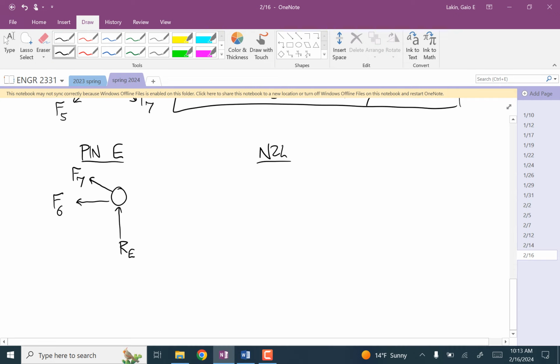So Newton's second law says negative F6 minus 0.940 F7 is equal to 0.